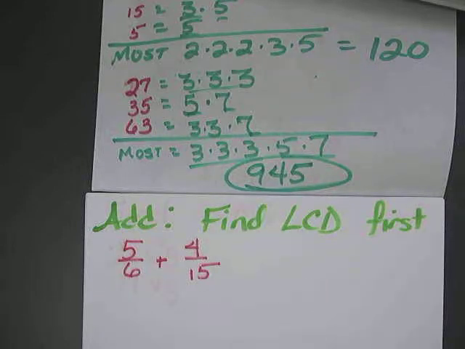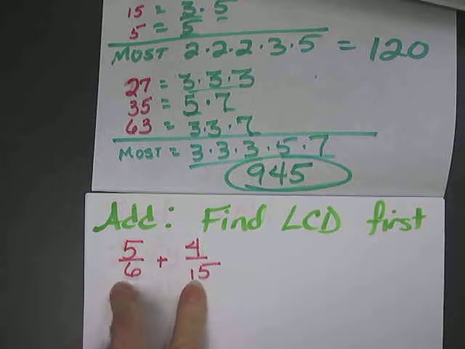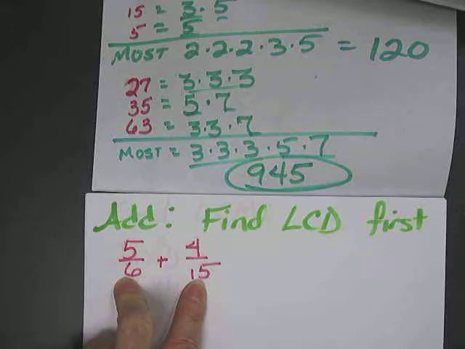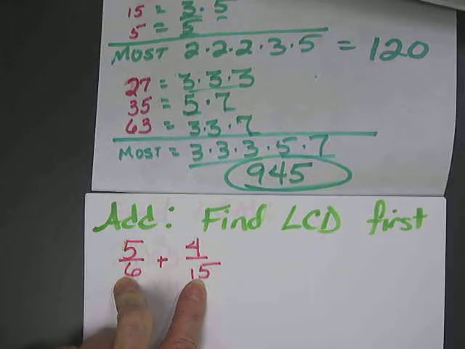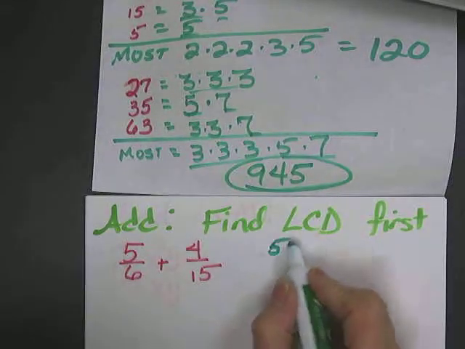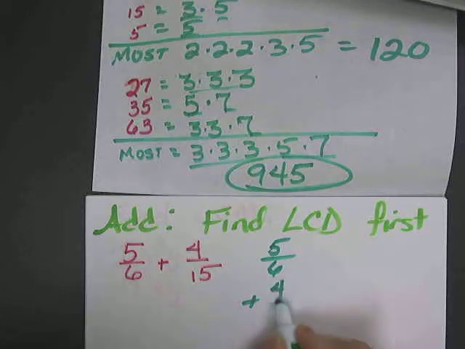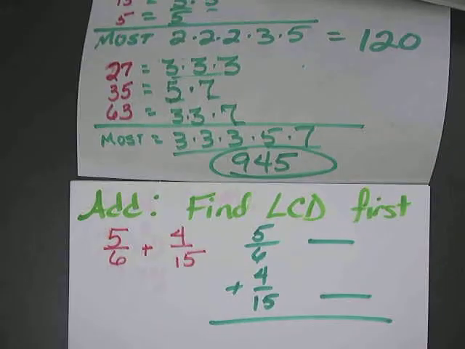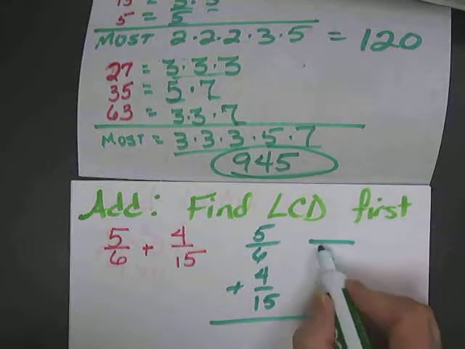Add by finding the least common denominator first. The least common denominator is the least common multiple of the denominators. We're not dividing them by something, we're getting a common denominator. When you see this, go ahead and write it like this. What's the common denominator? 30.